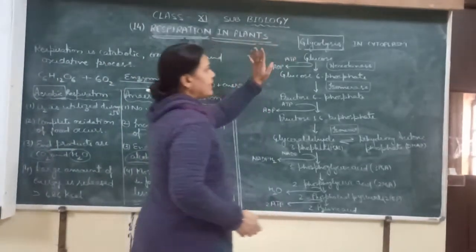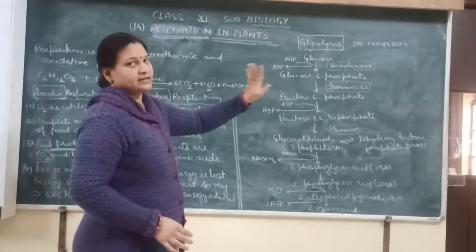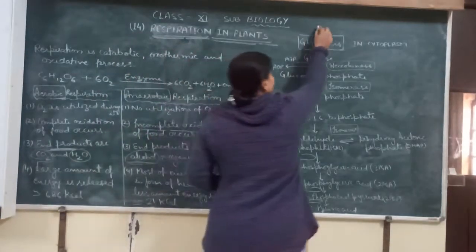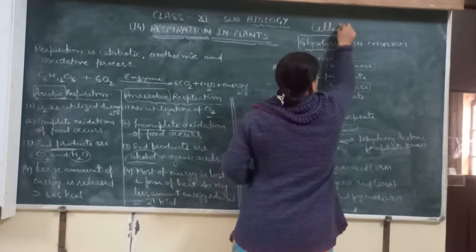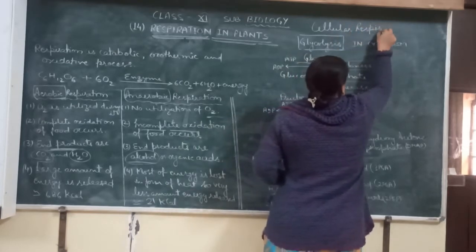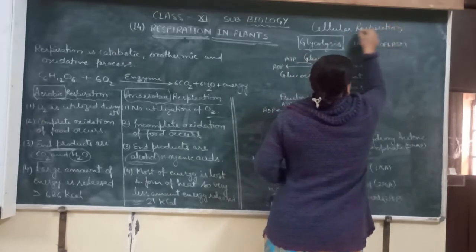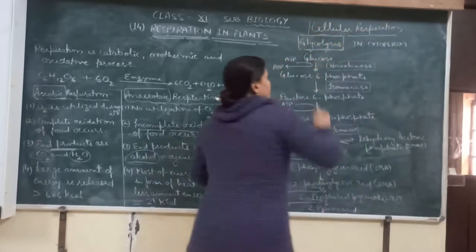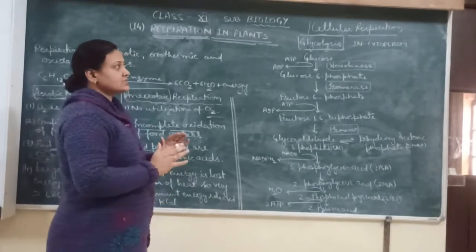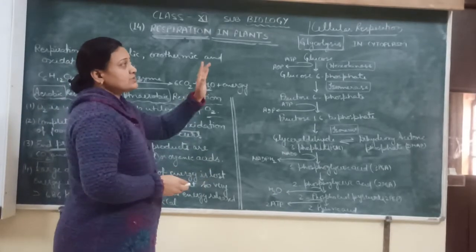glycolysis occurs in the cytoplasm. It is the first stage of cellular respiration, or we can say internal respiration. When oxygen enters into the cell, first it enters into the cytoplasm.